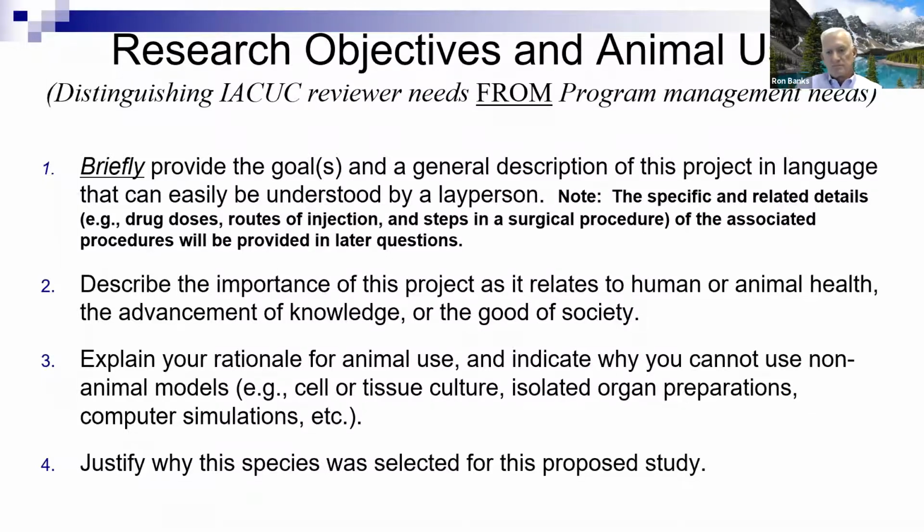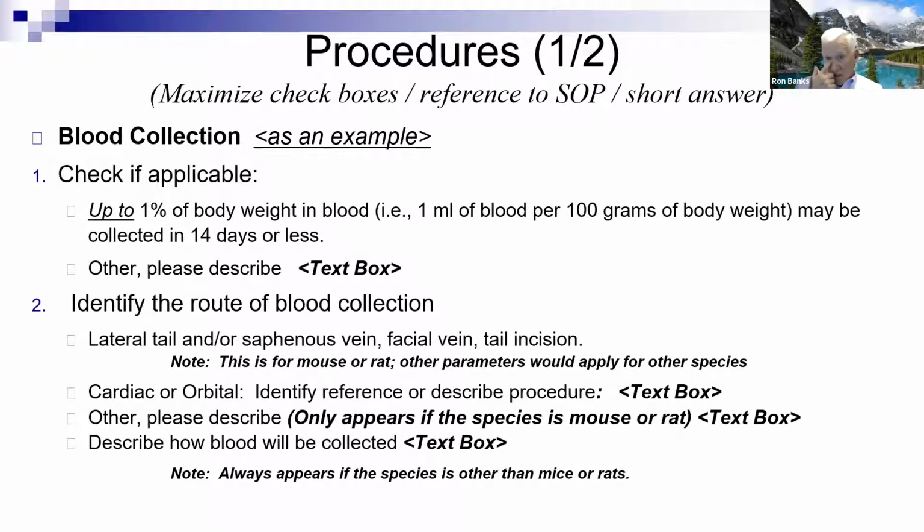Next slide, sir. And so the next step was to look a little bit at some of the procedures that we all have on our protocol forms and see if there are ways in which we could maximize checkboxes, if we could reference SOPs, or if we keep things in very reasonable and clearly defined short answers. I have just one example on the screen to consider, that being blood collection.